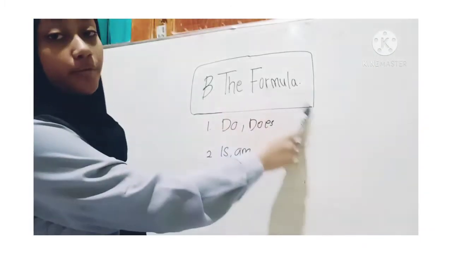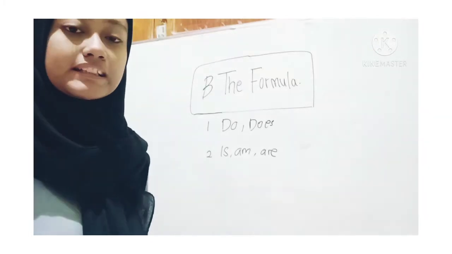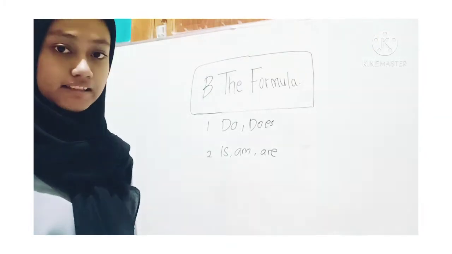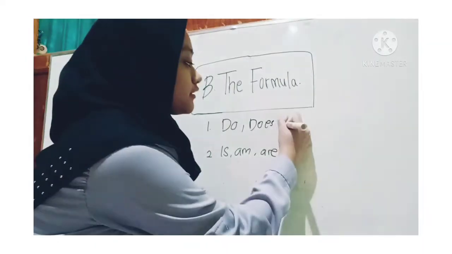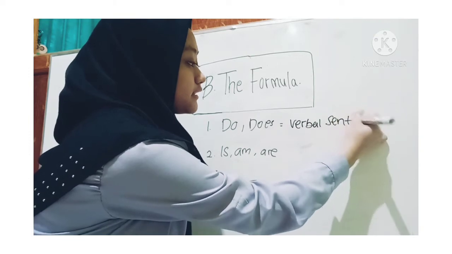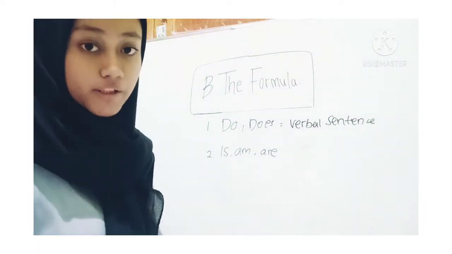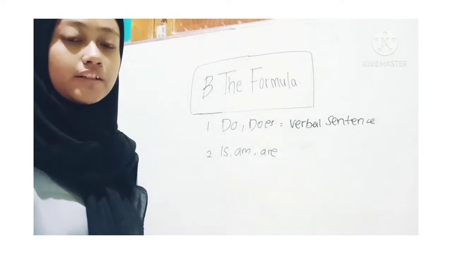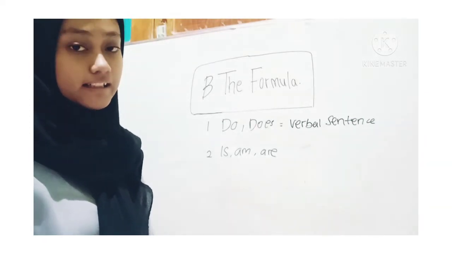Second is the formula. In the previous part, I said that simple present tense has two forms of sentence. The use of do and does is for verbal sentences. Why? Because verbal sentences use a verb, or we call it verb 1 or infinitive verb, that denotes the action in the sentence.